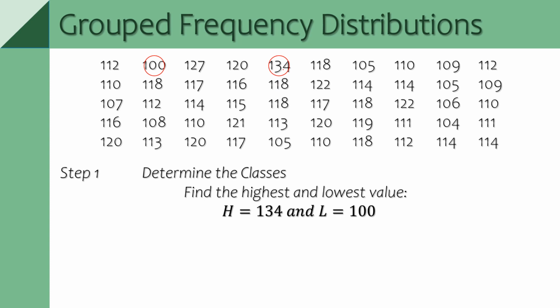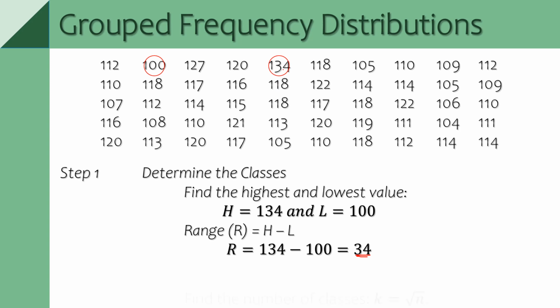So now, find the range. Compute for the range. Range is equals to R is equals to H minus L. So that is R is equals to 134 minus 100 at ang range natin is equals to 34.